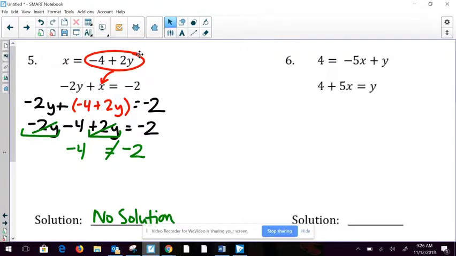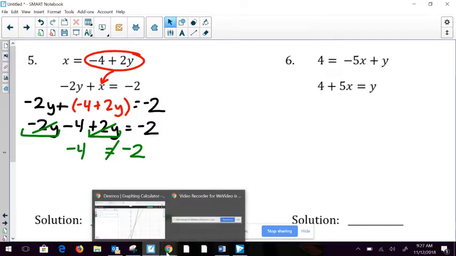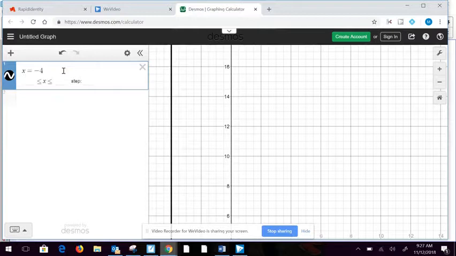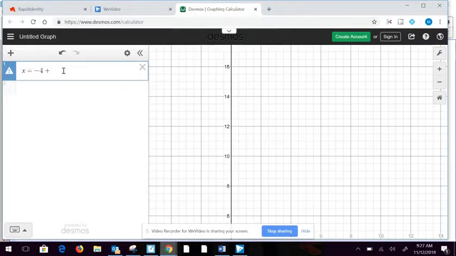Now I am going to jump back to that decimals page one more time to show you why this is no solution. So if I were to go ahead and put these two equations in, x is equal to negative 4 plus 2y. Where do you think the other graph is going to appear?